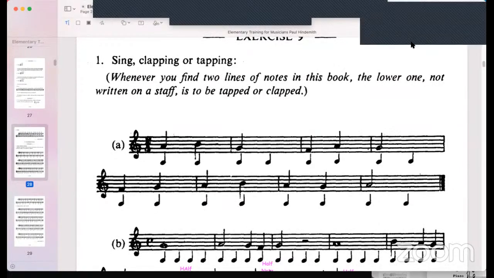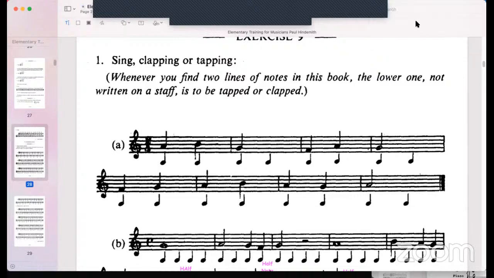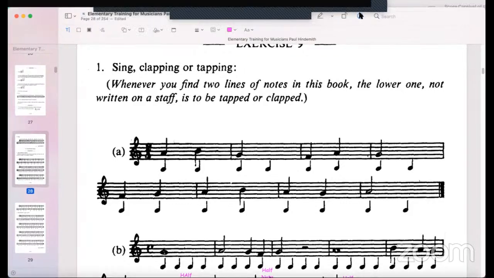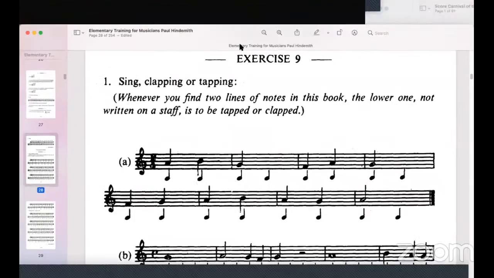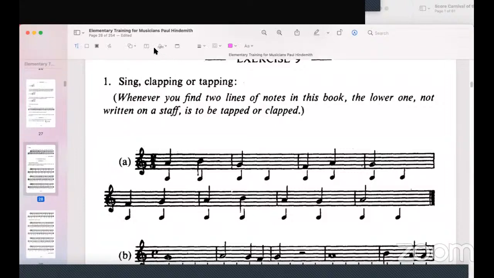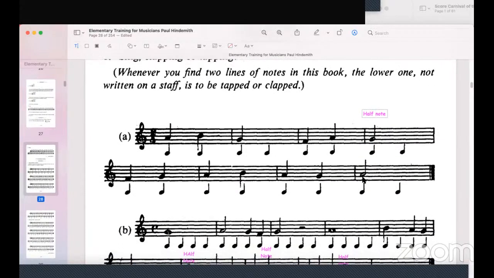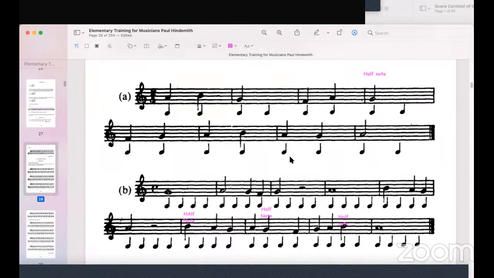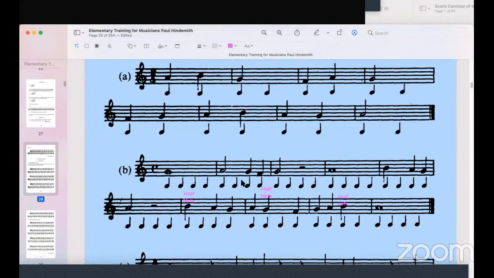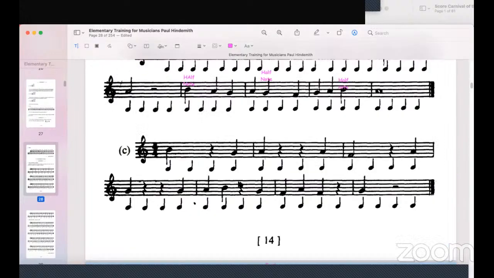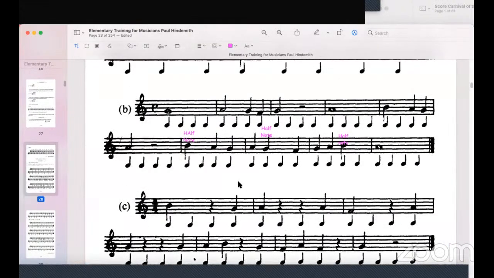This is half a note. Okay, so what I'm going to do, you can sing the notes or you can play on the instrument of your choice.